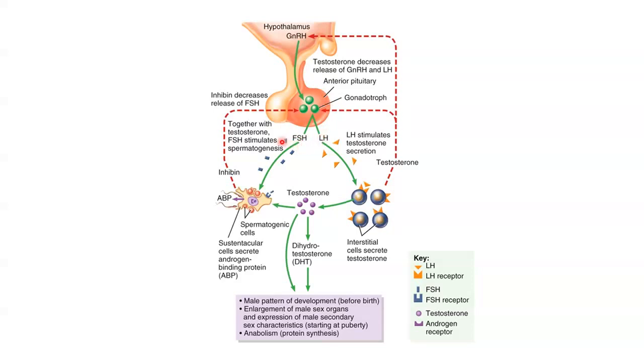Our follicle stimulating hormone stimulates the production of sperm. Our luteinizing hormone stimulates particular cells in the testes to produce testosterone. So these are going to have a variety of effects throughout the body, but then when we have an increase in our levels of testosterone, it works as a negative feedback loop to inhibit both the follicle stimulating hormone and the luteinizing hormone and our gonadotropin releasing hormone.